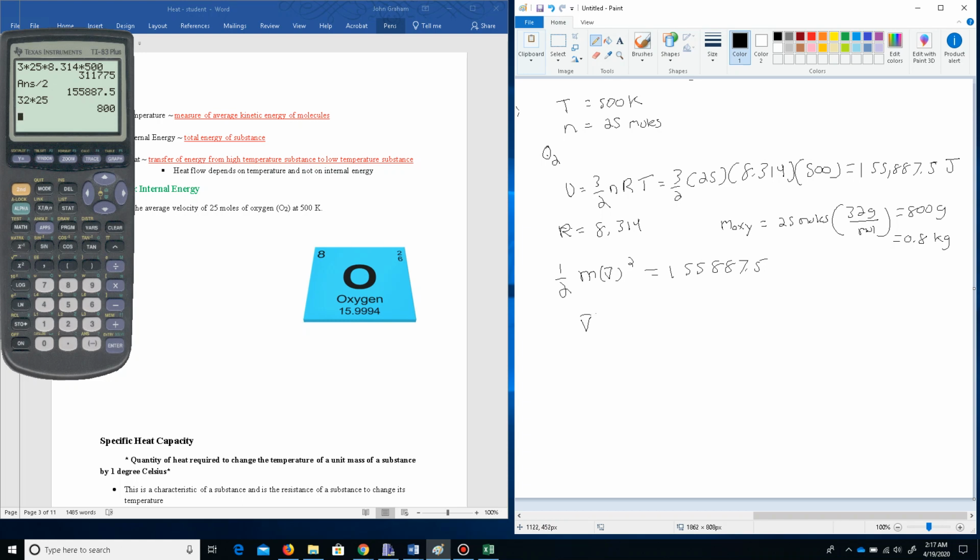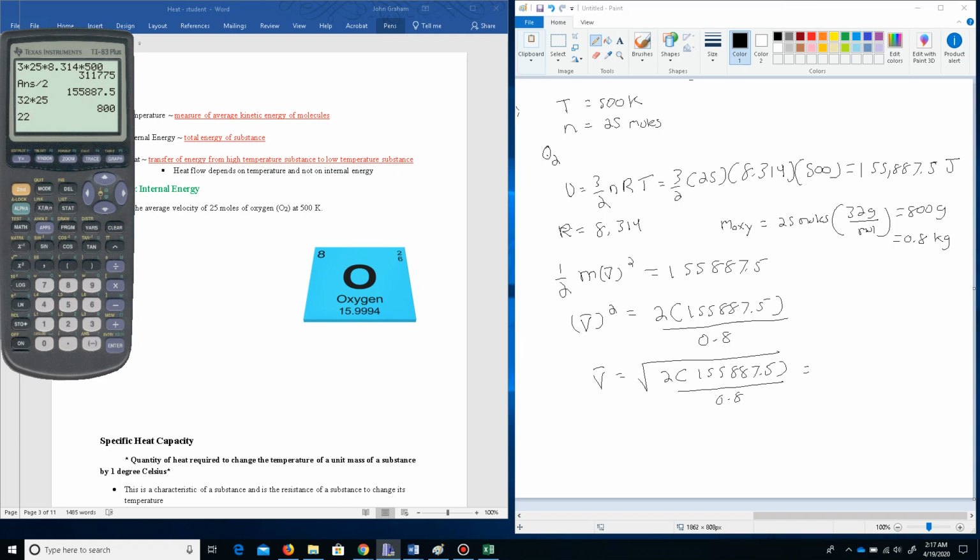So v rms squared equals 2 times 155,887.5 over 0.8, that's your kilograms. This would be v rms equals the square root of 2 times 155,887.5 over 0.8.